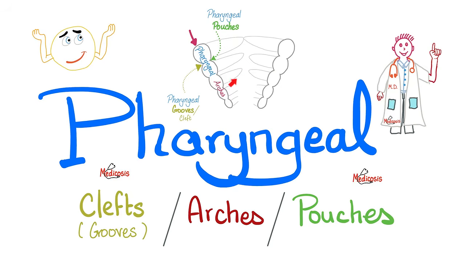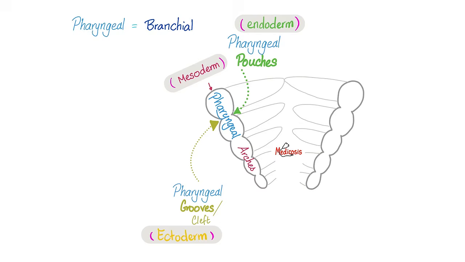The parafollicular cells of the thyroid are associated with the ultimopharyngeal or ultimobranchial body, which is a ventral derivative of the fourth or the fifth, depending on how you count, pharyngeal pouch, and all of the pharyngeal pouches are endodermal in origin. So the entire thyroid gland is endodermal in origin. Whether you're talking about follicular cells or parafollicular cells, I don't care. The entire thyroid is endodermal.